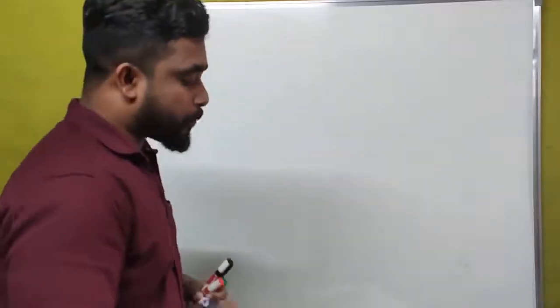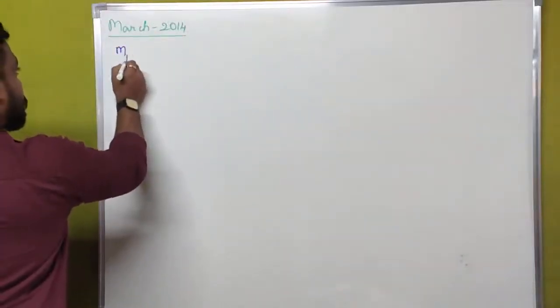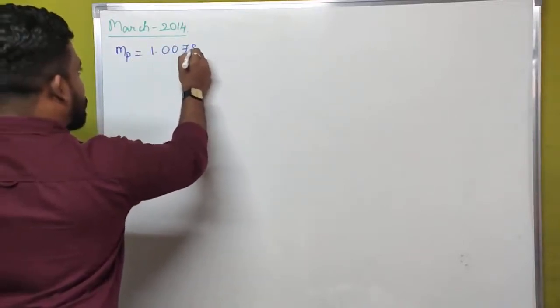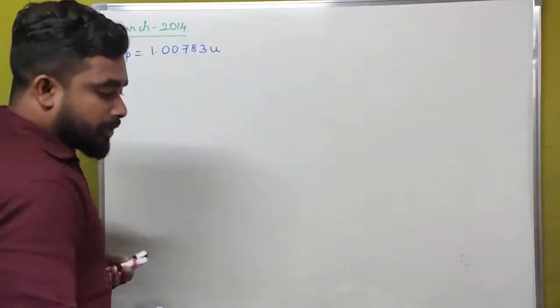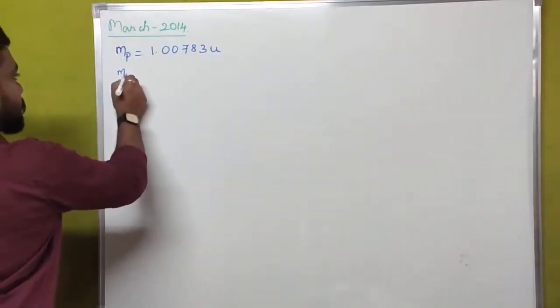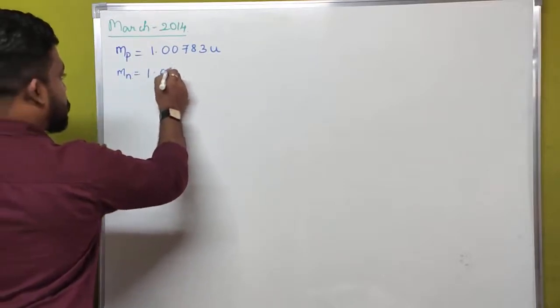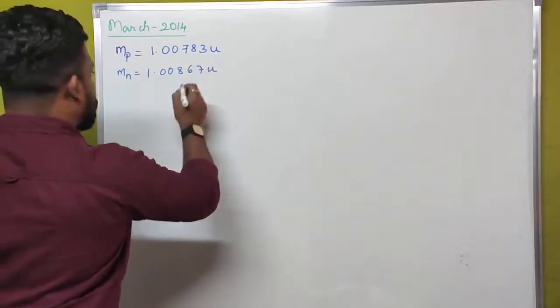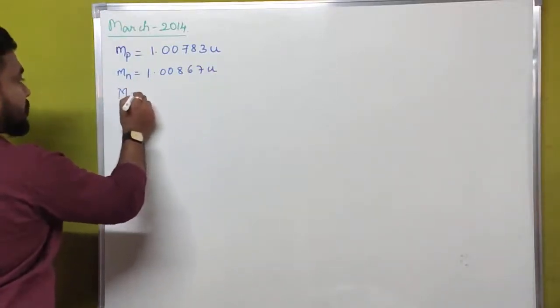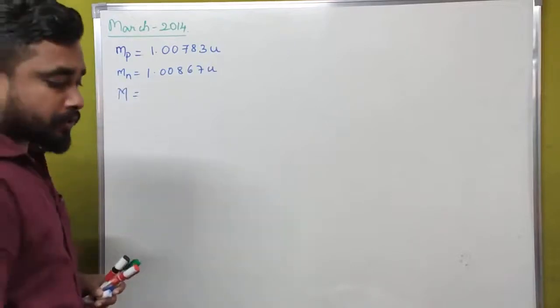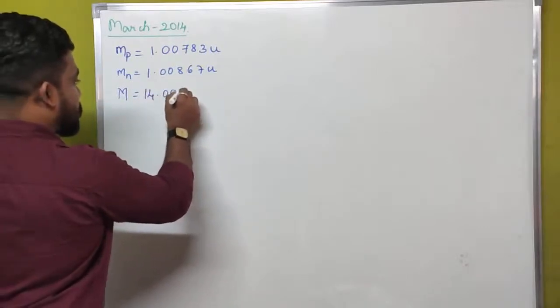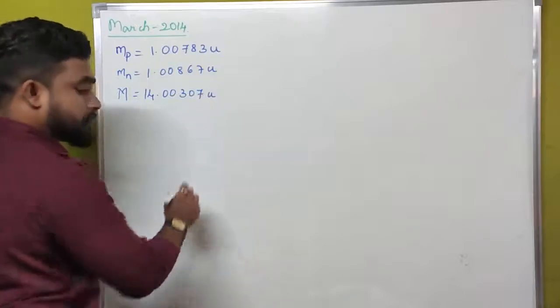The given data will be like this: mass of a proton, Mp, is equal to 1.00783 units, and mass of a neutron, Mn, is equal to 1.00867 units, and mass of a nitrogen nucleus, M, is equal to 14.00307 units.